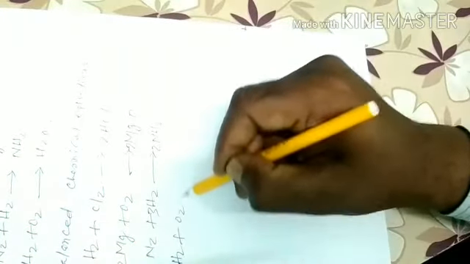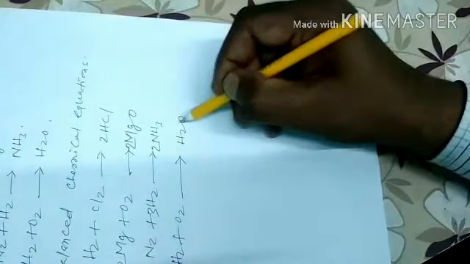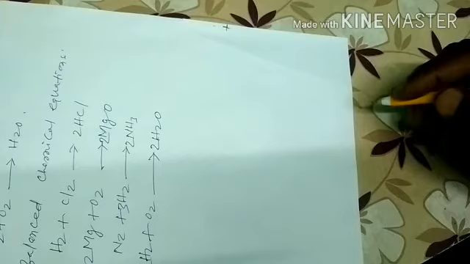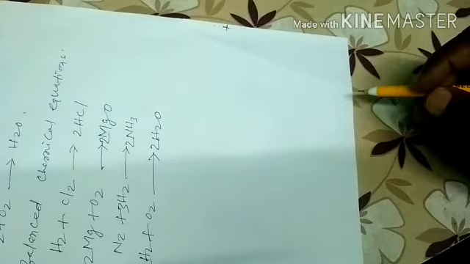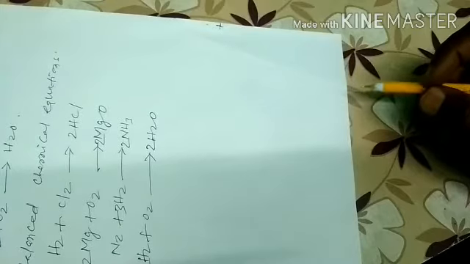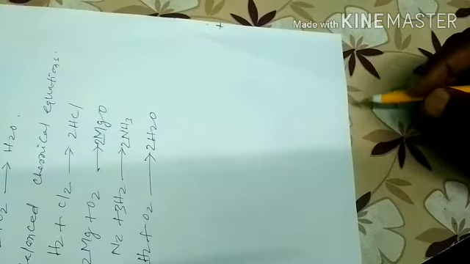H2 plus O2 gives H2O. So the above four examples are known as balanced chemical equations because the number of atoms of each element in the reactant is equal to the number of atoms of each element in the product in all the above four examples.